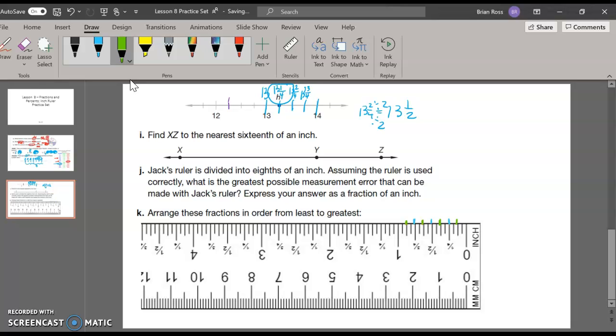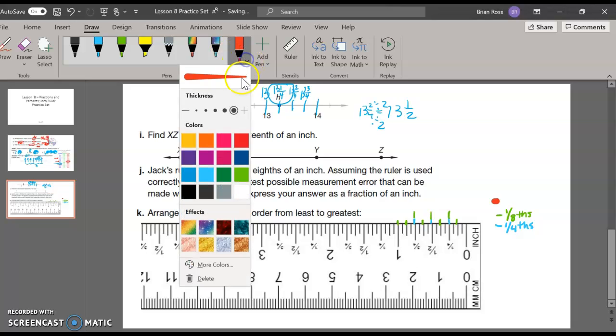Okay, so there's 1, this is going to be 2, 3, 4, 5, 6, 7, there's 8 eighths, right? So my green is eighths. My blue is fourths. And I'm about to get crazy with some 16ths. Oh, that's wide. Let me fix that. Don't know what happened there. Okay.